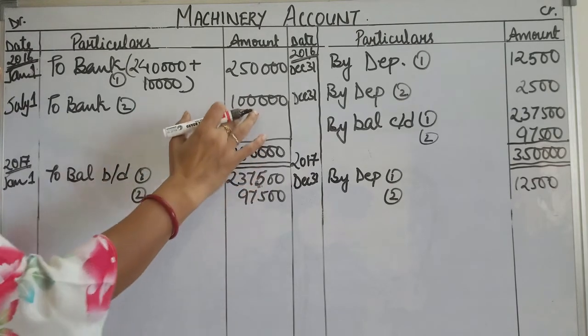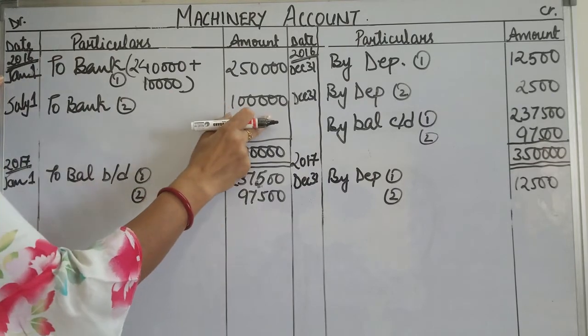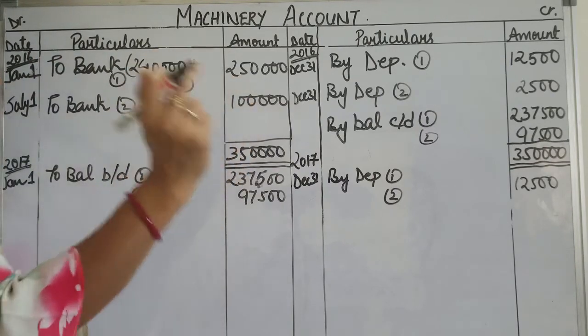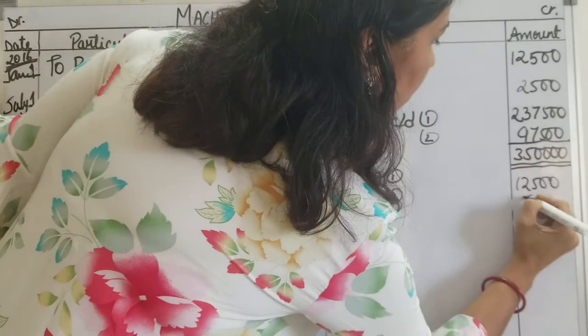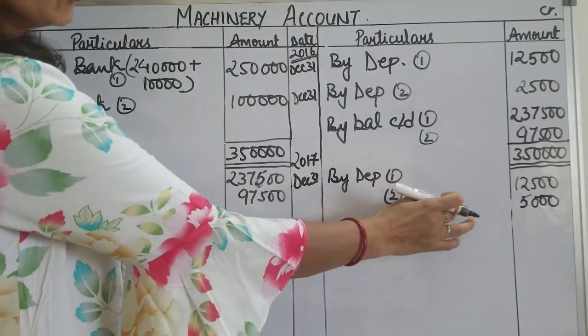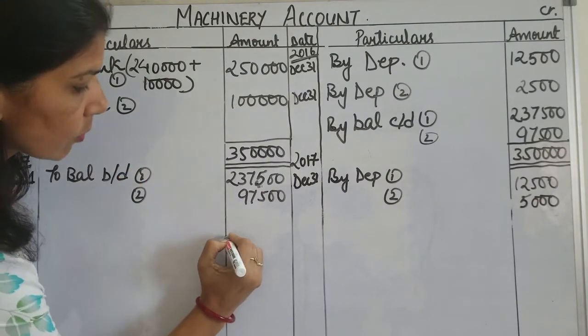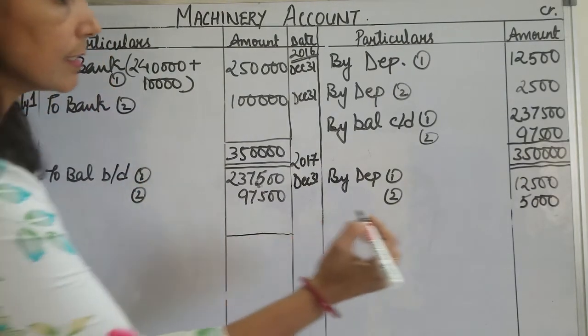So the full year's depreciation on this 1 lakh was 5% of 1 lakh, which is 5,000. So full year's depreciation will be charged this time. So depreciation on machinery 2 will be 5,000. Okay. Now again, close the account and transfer the balance.